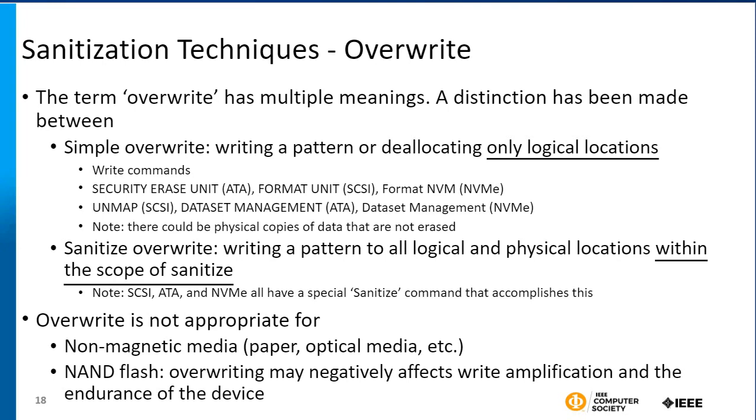I guess you could take a black marker, but even that's not necessarily going to take care of it. And certain NAND flash, and we see flash showing up in cache, in SSDs and things of that nature. So overwrites often are not going to be a technique that will get rid of all of the data, and part of that's due to over provisioning. There's more storage than what appears to be addressable, and that's part of the complication.